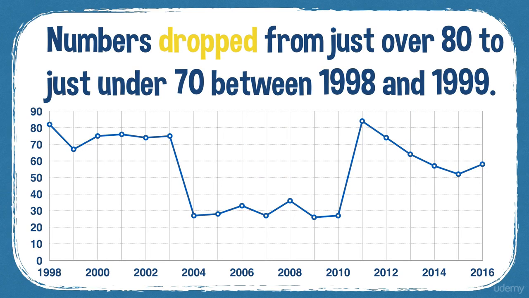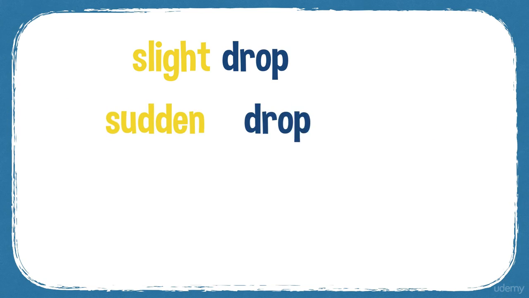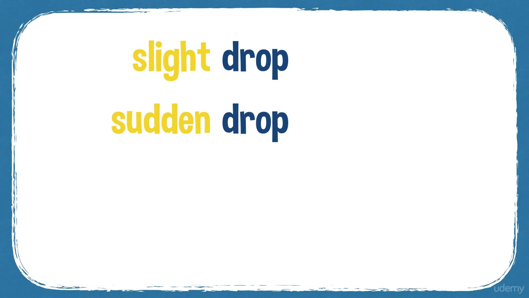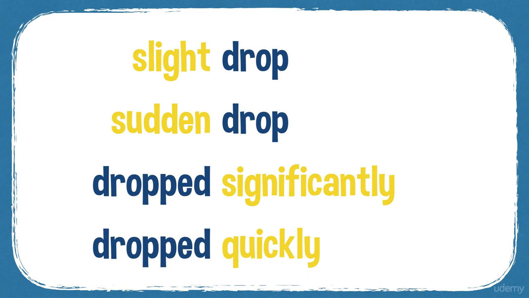Numbers dropped from just over 80 to just under 70 between 1998 and 1999. Because drop is a very general word, you need to use adverbs or adjectives with it most of the time. So a slight drop or a sudden drop. If you're using drop as a verb, dropped significantly, dropped quickly.